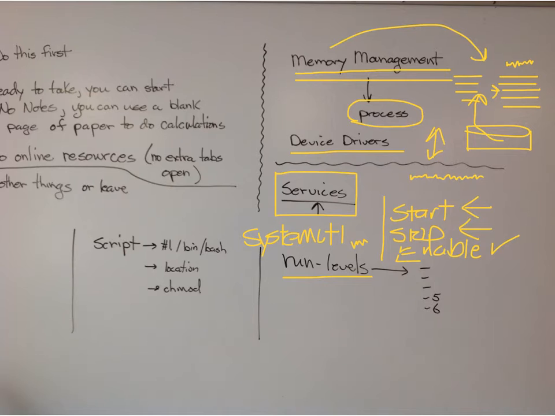Run levels. We can boot to a different run level and just different things are loaded. You can check and see what your run level is. We did that. And these are usually numbers. We also looked at in class a while back how to switch from the graphical, where you load the GUI, compared to just loading multi-user.